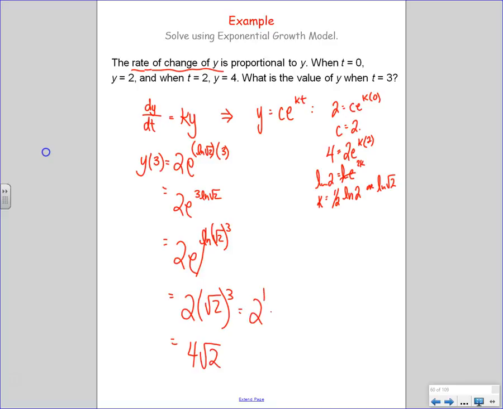Could you say 2 to the 1 times 2 to the 3 halves, which would be 2 to the 5 halves, right? Which is 2 to the 2 and 1/2, which is 2 to the 2 times 2 to the 1/2. 4 and square root of 2. That's one way. But either way.